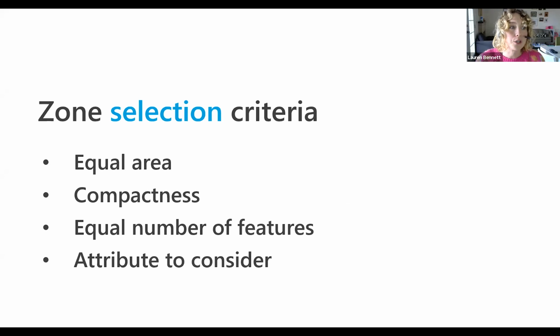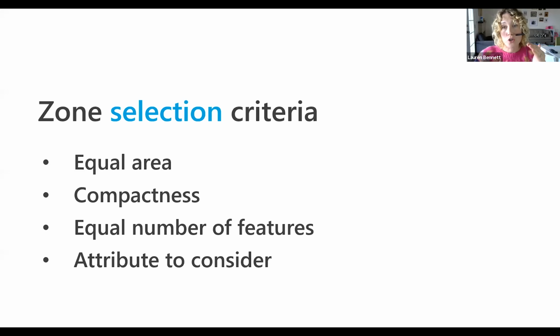We can also further constrain our groups, or select groups, based on their ability to optimize to have as equal areas as possible, to be as compact as possible, to have the same number of features, if that's something that we care about. Or we can incorporate additional attributes that we want it to try to balance.